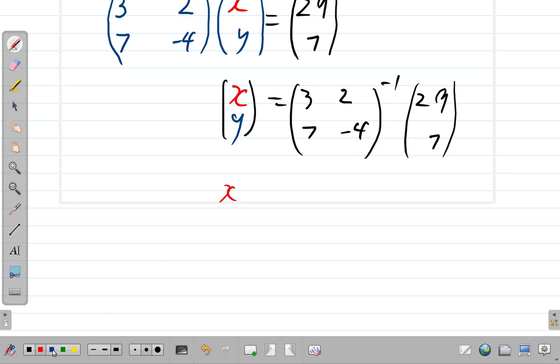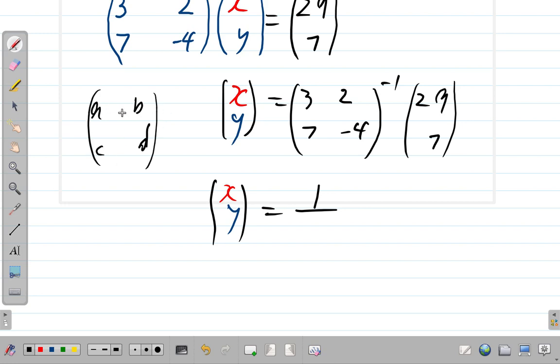So we have x, y equals 1 divided by the determinant. What was the determinant again? Remember, this is in the form A, B, C, D. We interchange A and D and change the sign of B and C. Remember that.